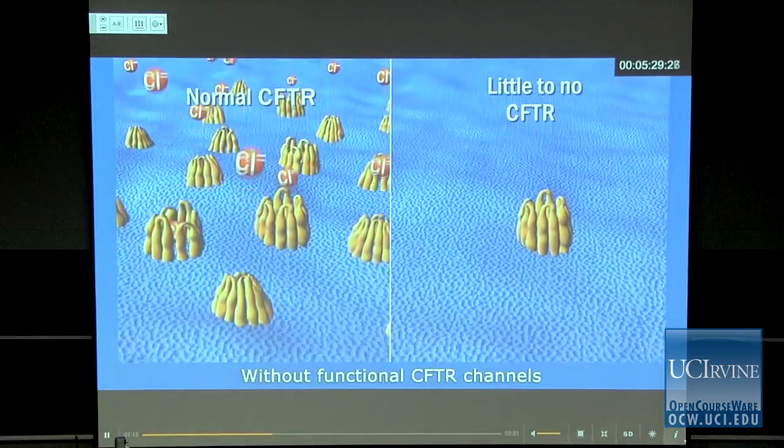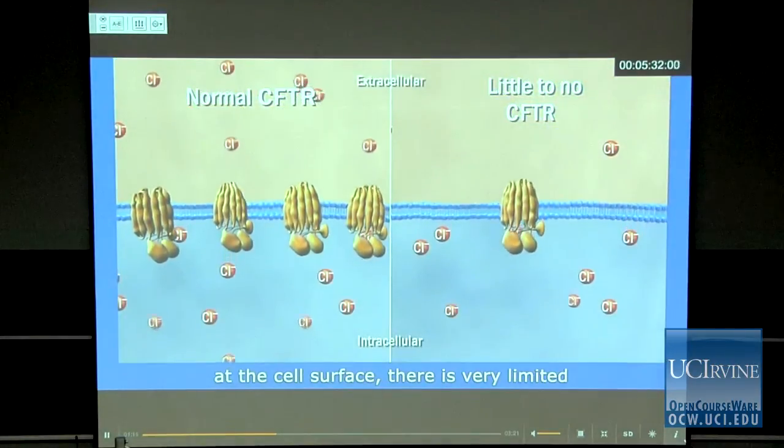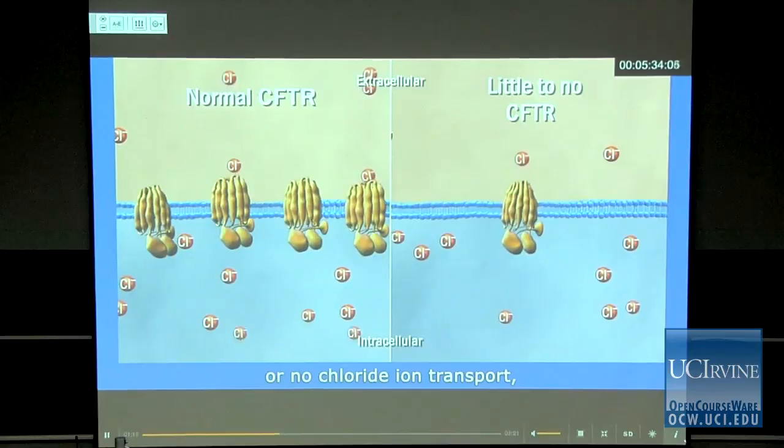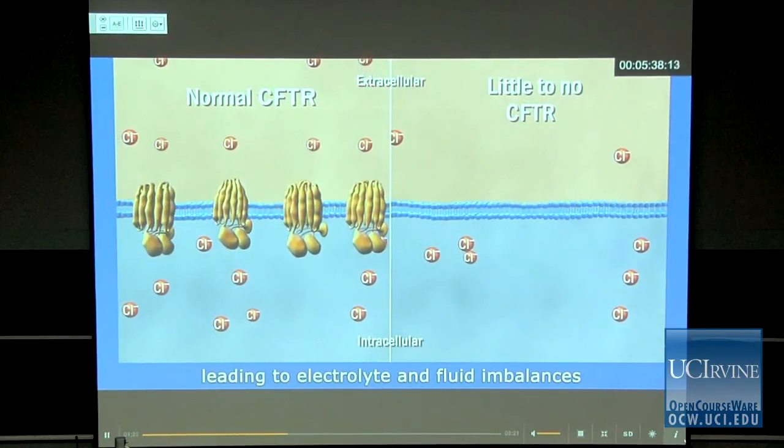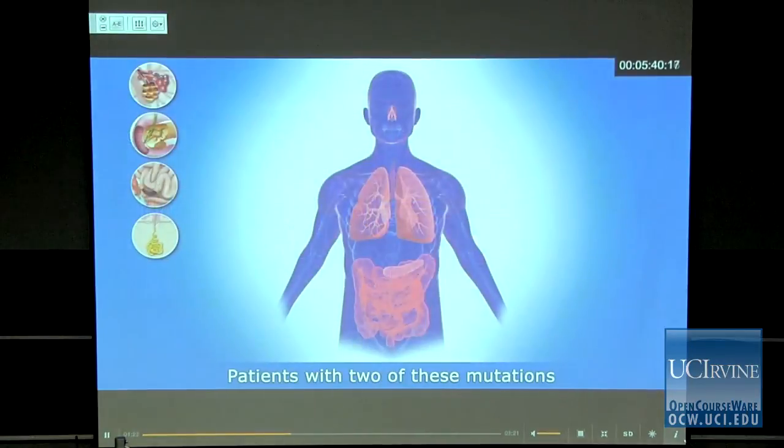Without functional CFTR channels at the cell surface, there is very limited or no chloride ion transport, leading to electrolyte and fluid imbalances throughout the body. Patients with 2 of these mutations often have more severe CF disease, including pancreatic insufficiency.